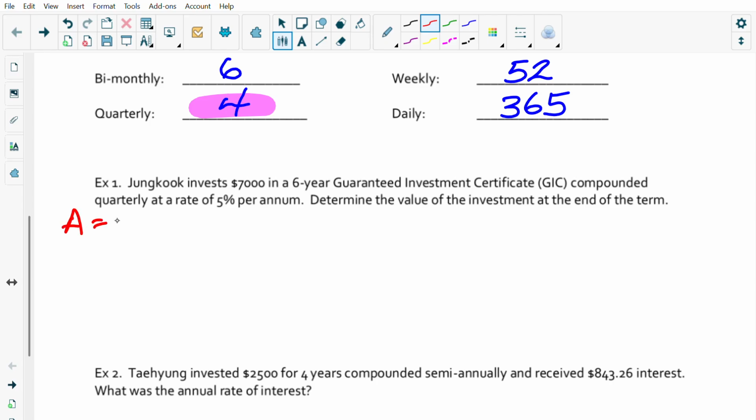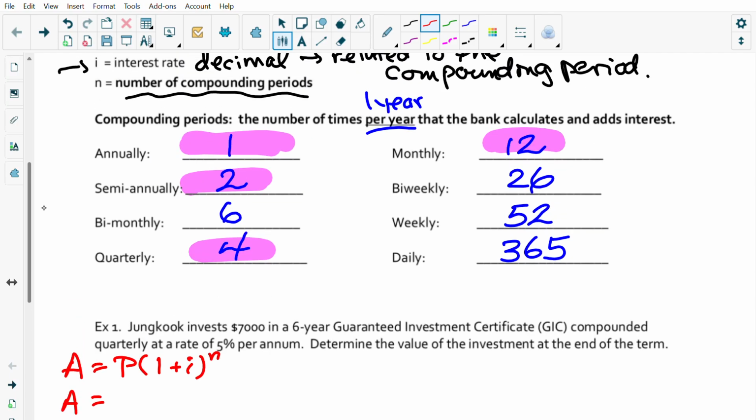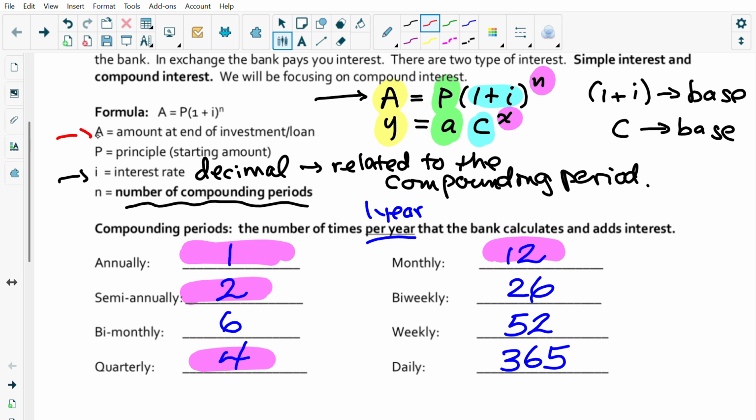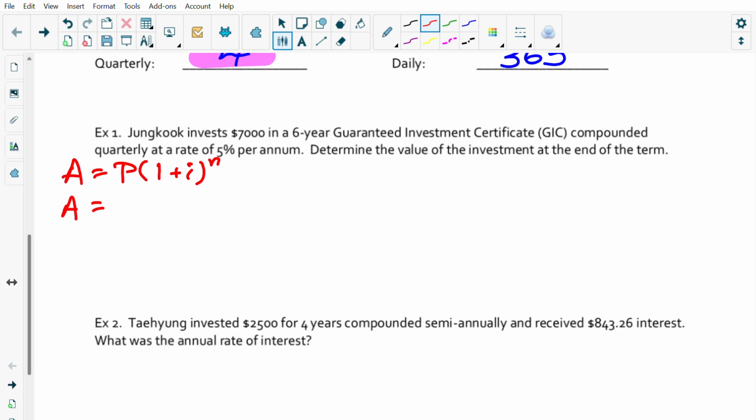So I have A equals P times (1 plus i) to the n. What's my A value? A value is the amount at the end of an investment or a loan. Determine the value of the investment at the end of the term. I don't know that, so question mark. P, what's the principal? The initial amount? Well, that's $7,000. Okay. i, what's the interest rate? Be careful here.